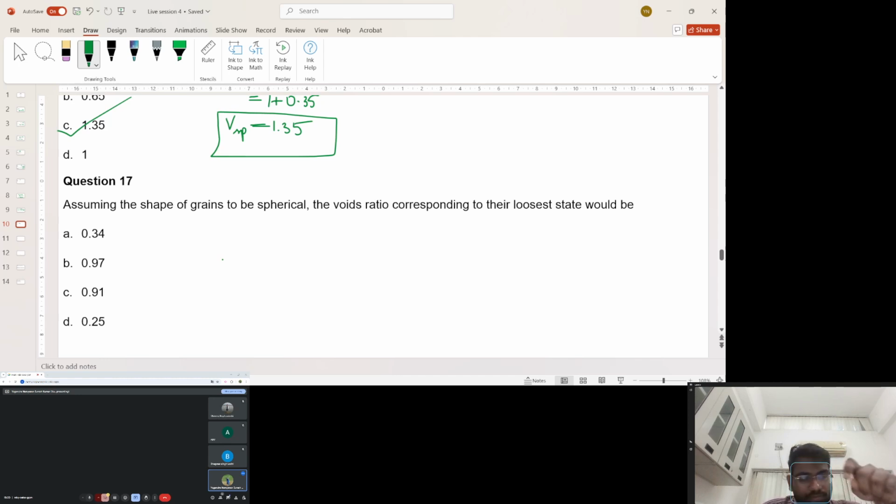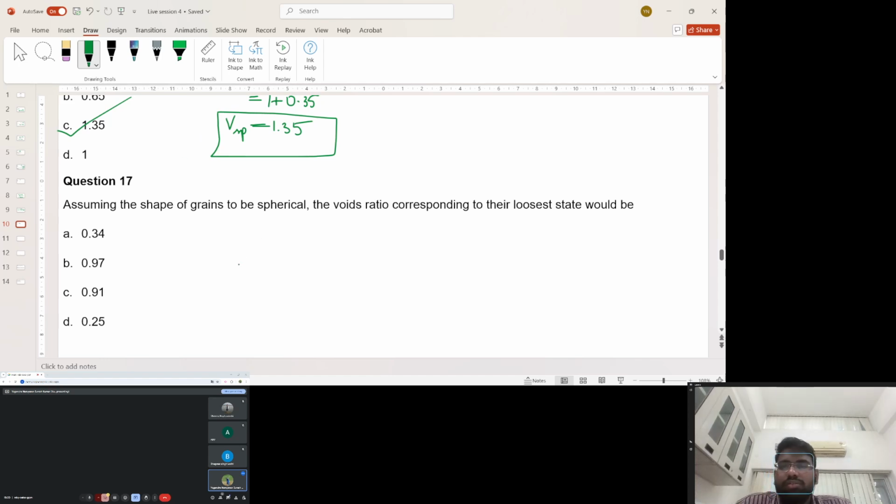Any answers? So how can we determine the voids ratio in this case?